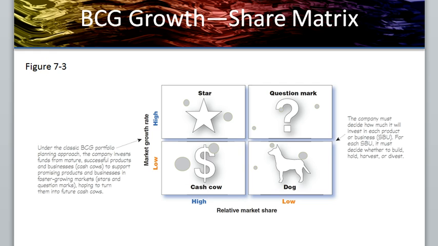Okay, so we're going to talk about these separately. They have the stars, the question marks, the cash cows, and the dogs. So these are four particular boxes that you can put your products or your divisions or your product lines into to get a quick portfolio analysis.